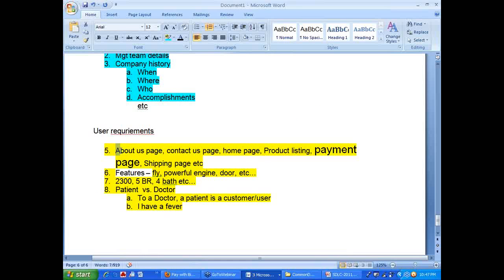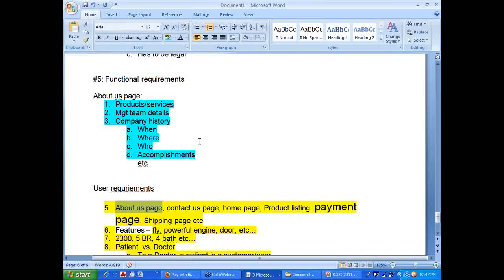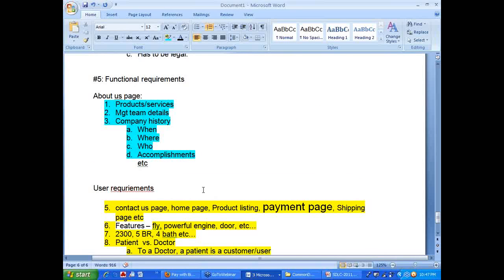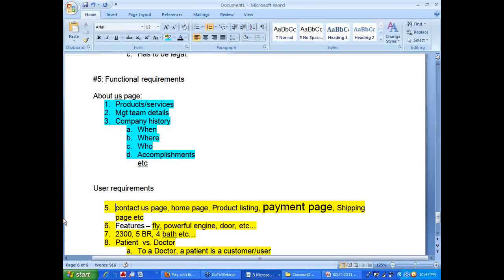If you want an about us page, then corresponding requirements will have to be defined. If there is no about us page, then this requirement should not be defined. A BA shouldn't think, it is cool to have an about us page, let's do it. Unless the user says, I want an about us page, you shouldn't do it.